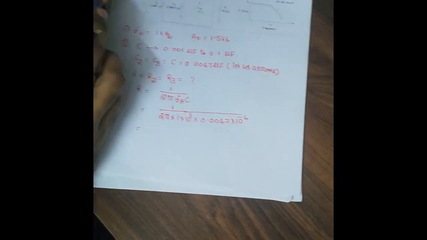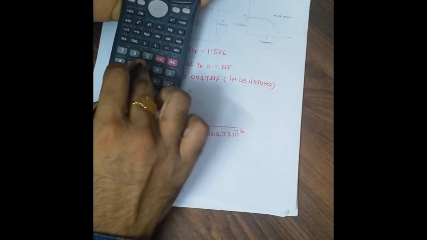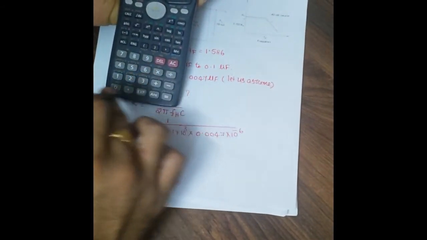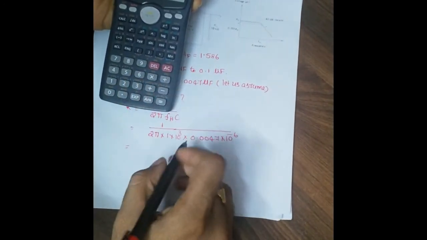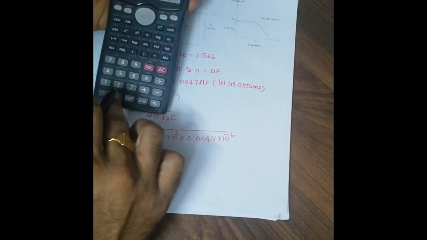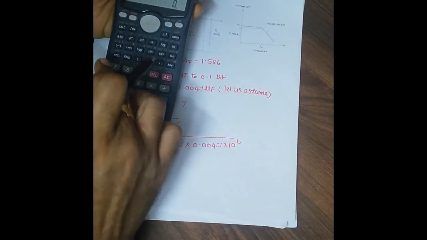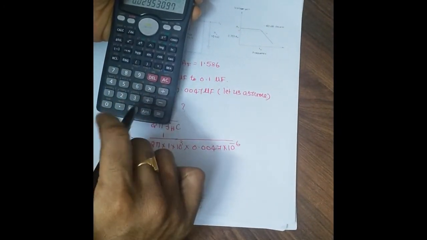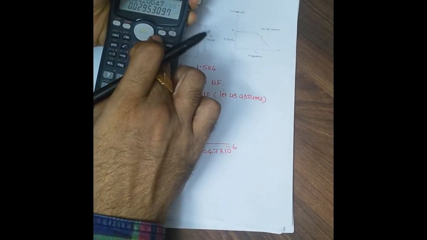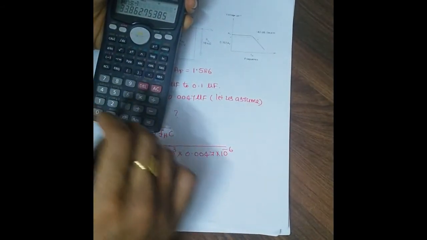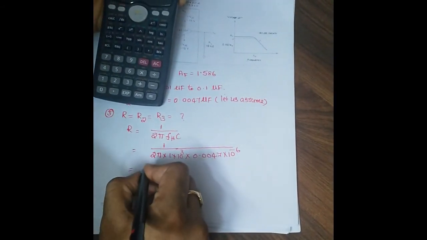If we calculate this, first I write 2 into pi into 0.0047. First I calculate this and invert the answer, so it will be 33.86.